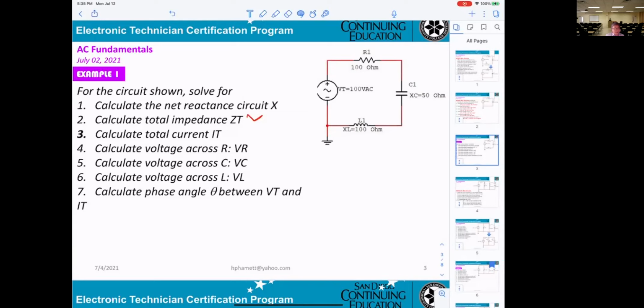So first thing they want to calculate the net reactance. In this case, let's say XL is 100 ohms and XC is 50 ohms. So the net will be 100 minus 50. X will be equal to 50 ohms. Then the circuitry, the new one.